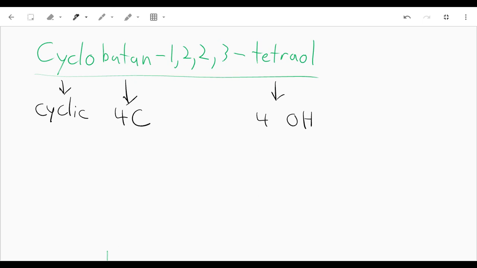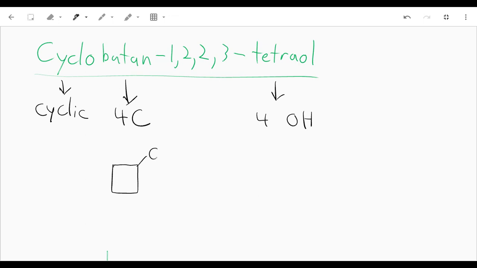So the way I'm going to draw this is I am going to start off with drawing my core. This one, I'm just going to do a line diagram. I am not going to bother trying to make this with a condensed diagram because it's going to get pretty messy pretty quickly. So we have one OH group on carbon 1.